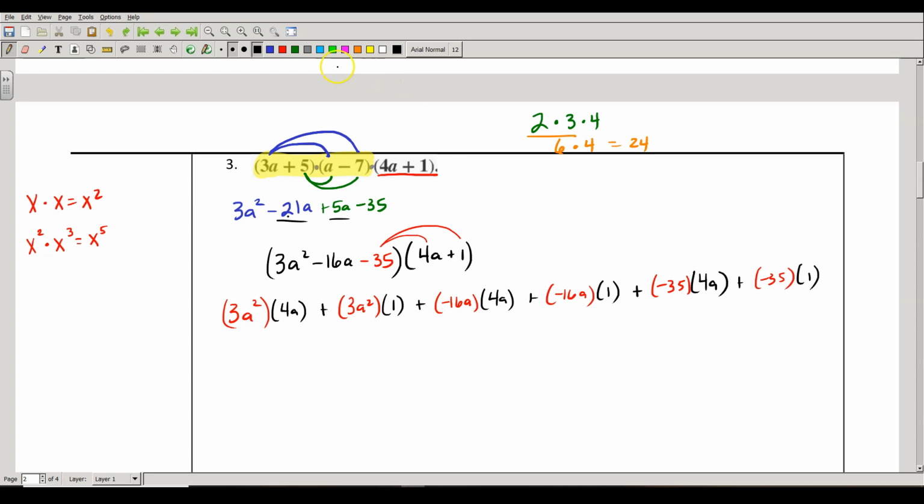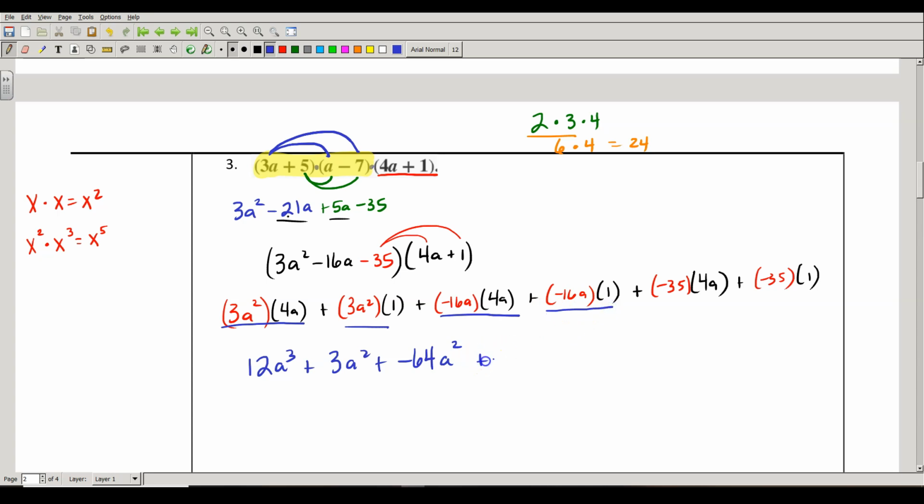Okay, so let's go ahead and continue this on. If we multiply these, 3a squared times 4a, that's going to give me 12a cubed, plus 3a squared for this one. This one over here is going to be plus a negative 64a squared.